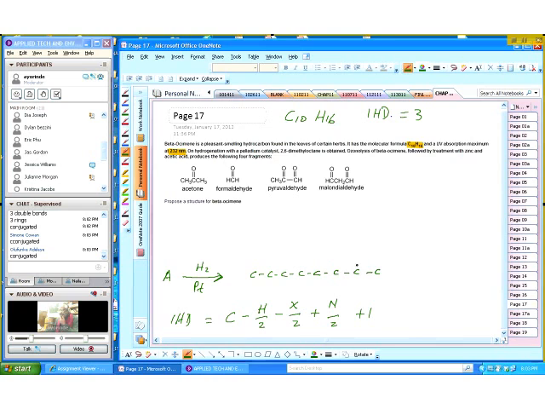So the base name is octane. They say 2,6. If this is carbon number 2, you have a methyl here. Carbon 2, 3, 4, 5, 6, there is another methyl here. So dimethyloctane. I will fill the rest with hydrogen.